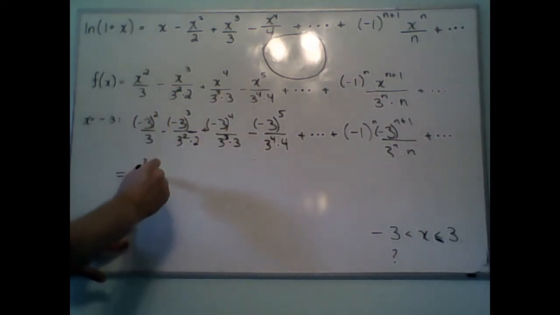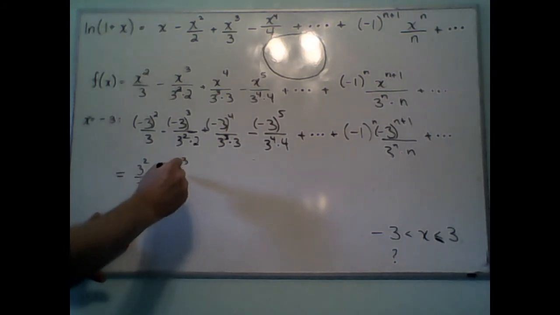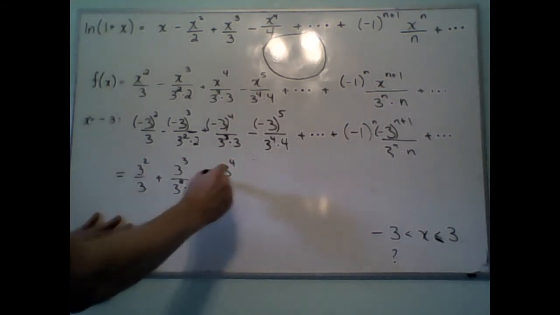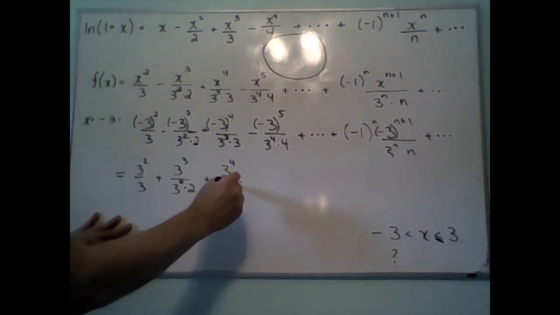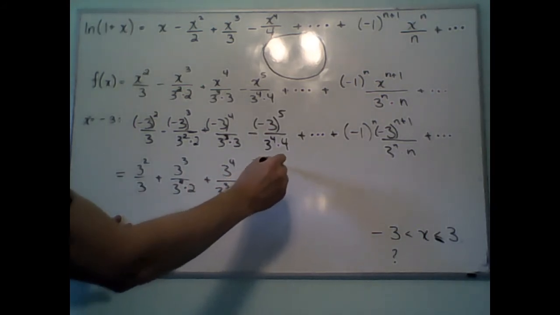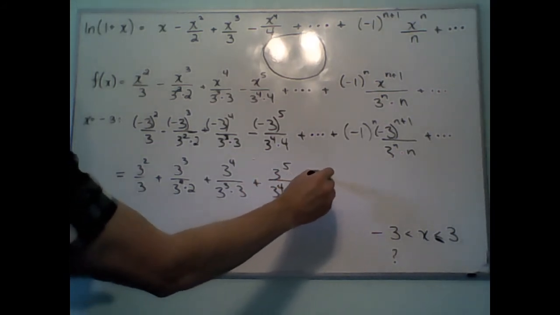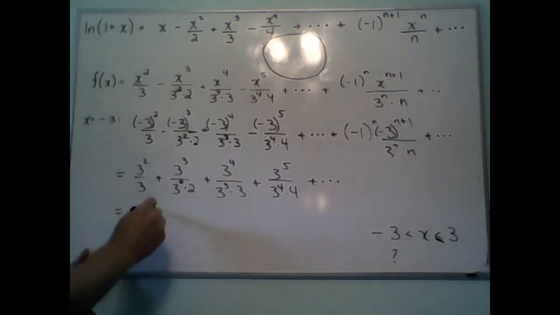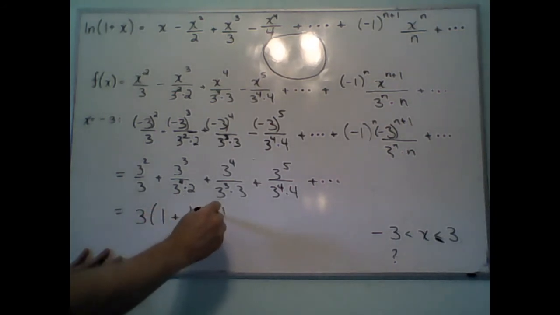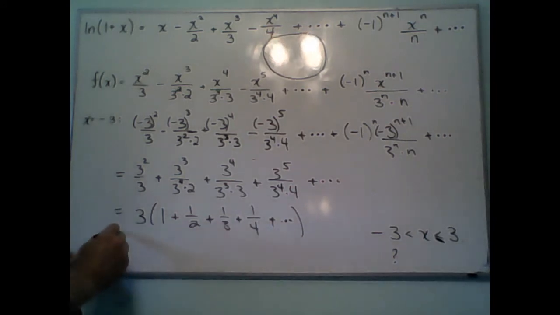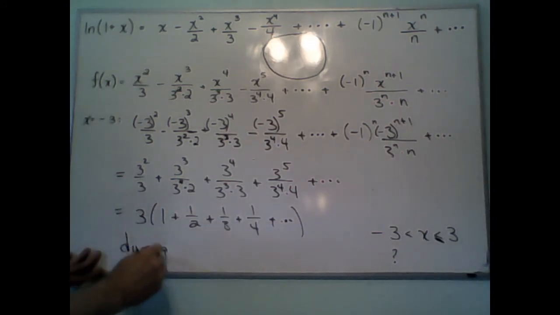Negative minus a negative is a plus, 3 cubed over 3 squared times 2. So everything is just going to have a plus sign instead of alternating, which means it is not going to be the alternating harmonic series. It's just going to be the regular old harmonic series, or 3 times the regular old harmonic series, which diverges.